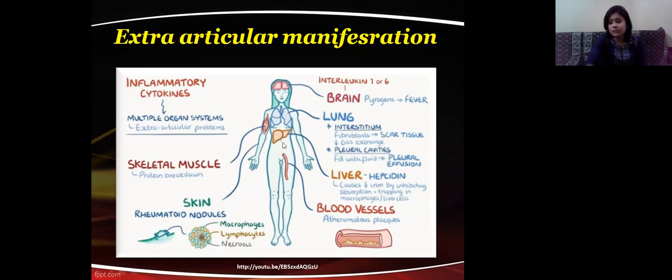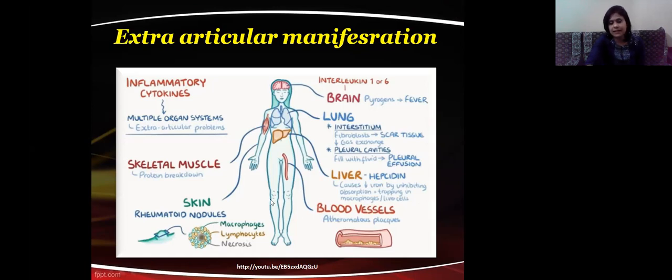If they reach the liver, then the liver will produce a high amount of hepcidin, which is a protein which causes decreased serum iron by inhibiting its absorption through the gut and trapping it in the macrophages and hepatocytes.